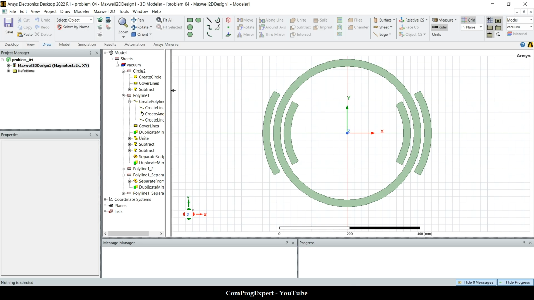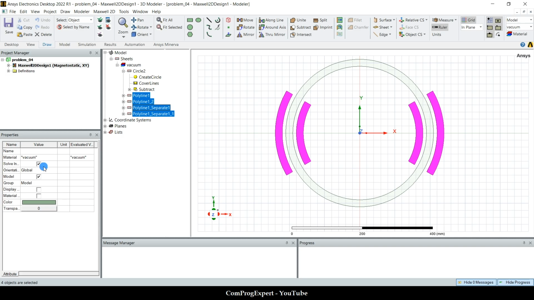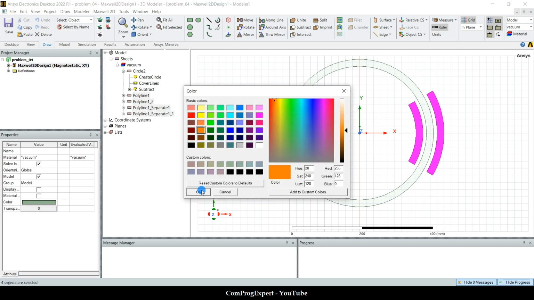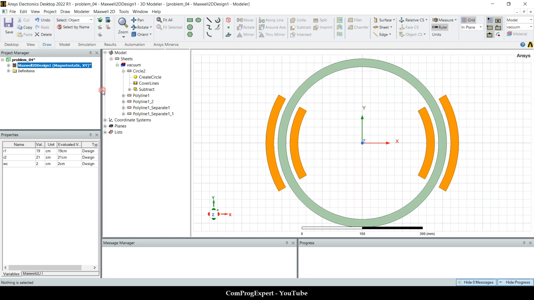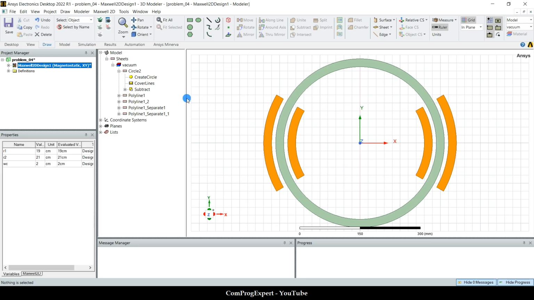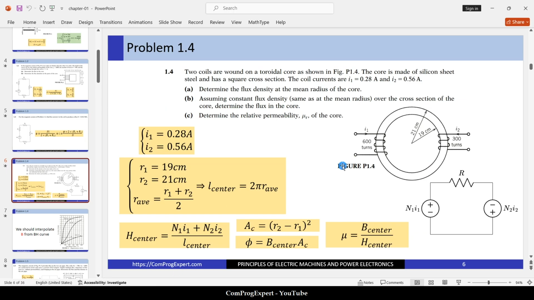So let's set the materials and use proper colors for these objects, the copper, and we need to define excitations. So here, as you can see, you can check the direction of the excitation. For this side, the direction of the current is into the paper.